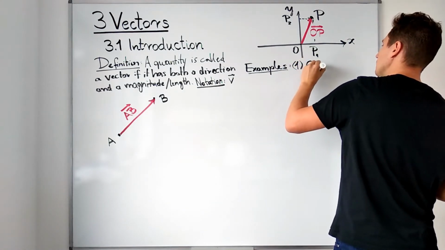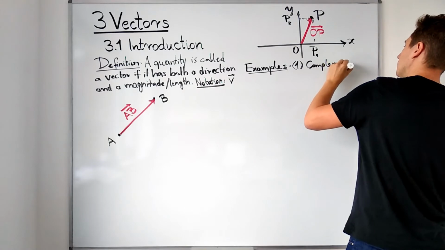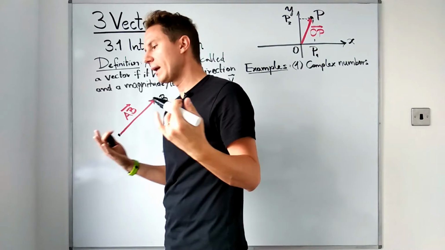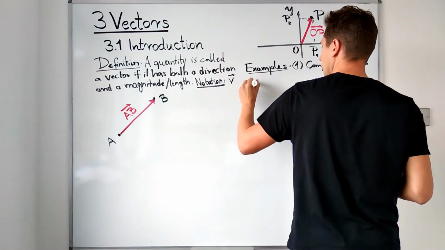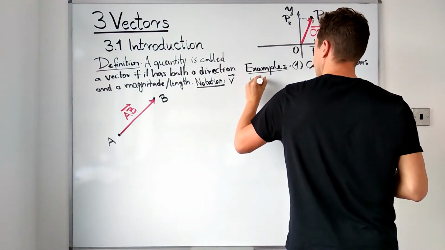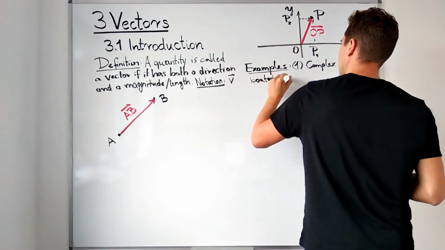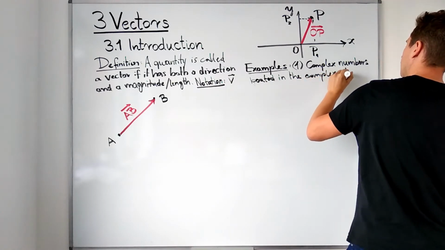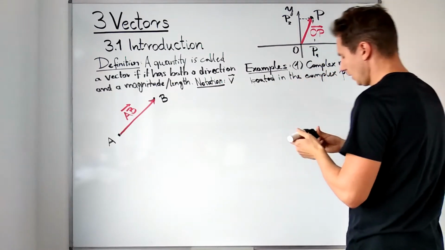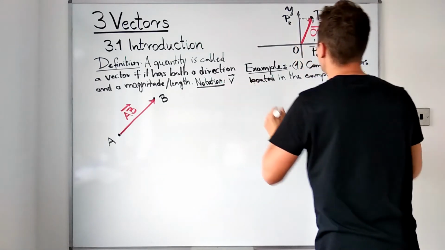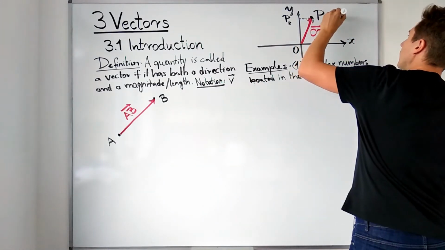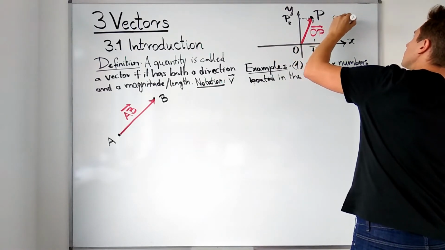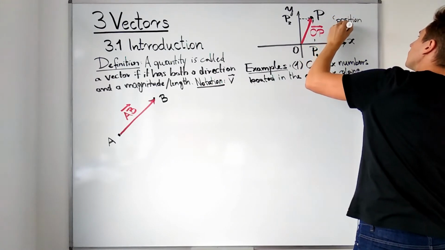So complex numbers located in a complex plane are exactly examples of position vectors. So let me say that this way of writing or visualizing vectors is called position vectors.